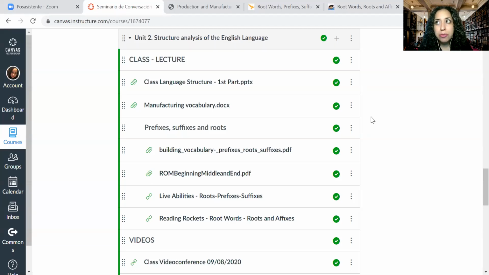And then we went to study the stress, which in English is not just to accentuate a syllable, but it's also used to accentuate words. So that's the way that English is pronounced.